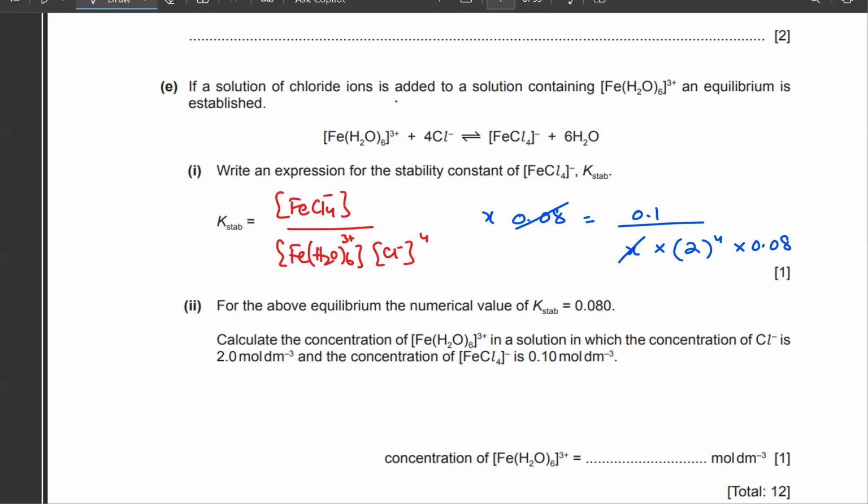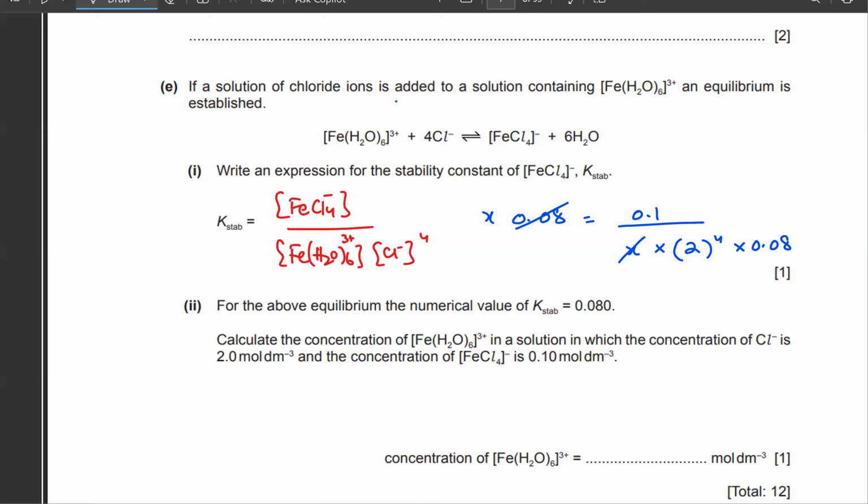Can you try and solve what the answer is? Zaira, what's the answer to this? Zohair?